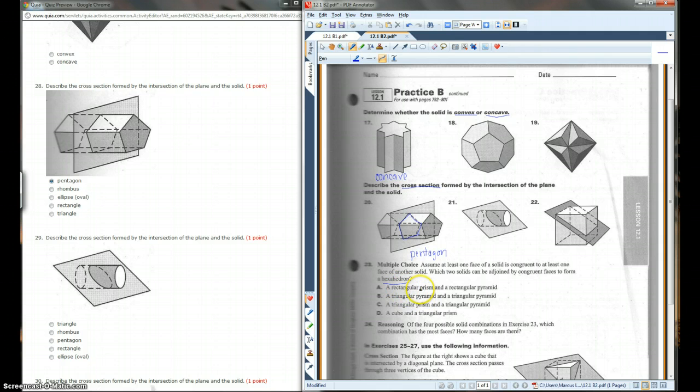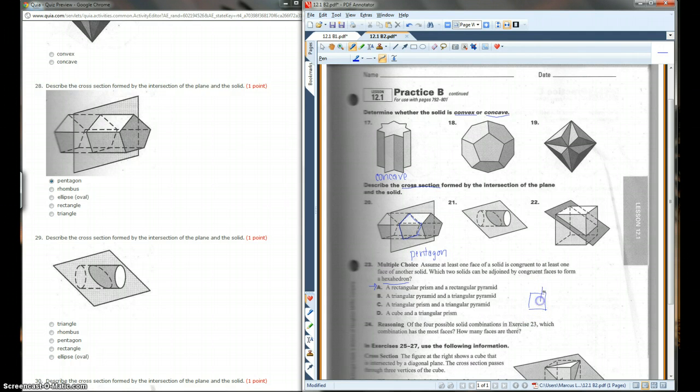Now, if you are really good at visualizing, that's great. I recommend that you read each of the answers carefully and visualize what it's talking about. If not, it really does help to draw it out. Take a look at A, for example. A rectangular prism and a rectangular pyramid. Suppose I'll make a rectangular prism over here.